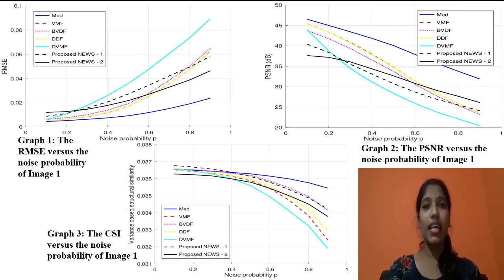The CSI stands for correlation similarity index. Moreover, the structural similarity is high, indicating the proposed method is indeed valid in removing impulse noise in digital color images. We can say that our proposed method performs very nicely for high density impulse noise.